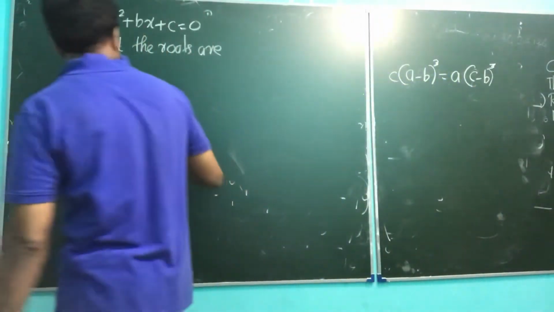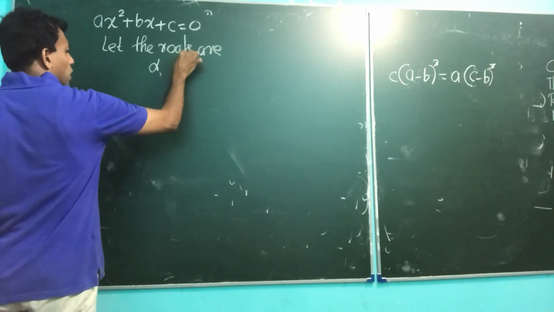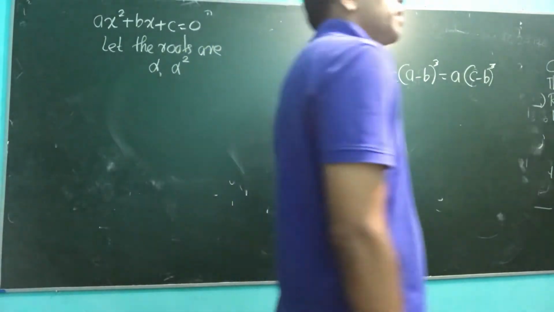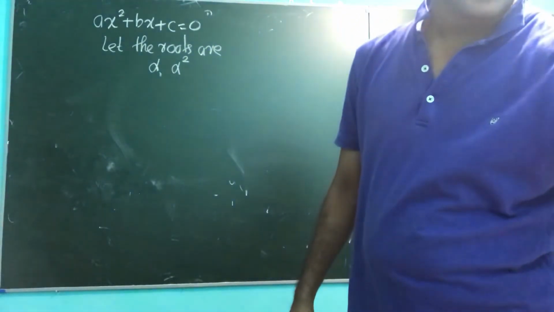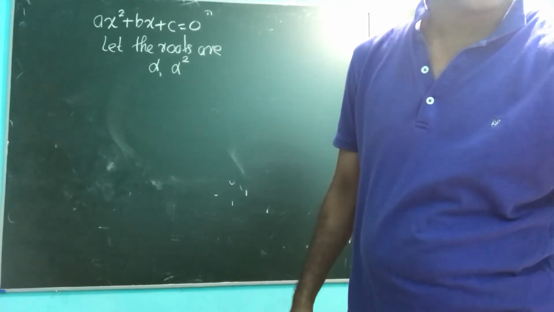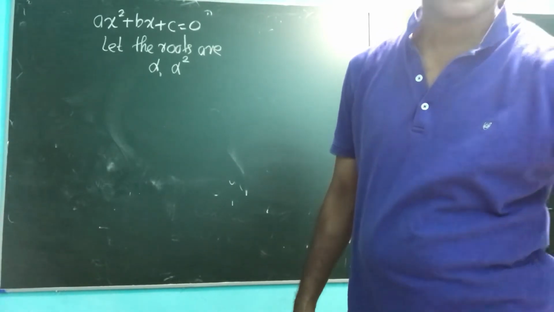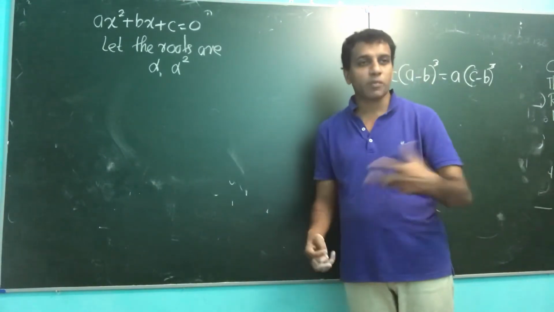So if I say one root is alpha, the other root is alpha square, no need for beta, right? So build up the equation and try to find the alpha. You will remove that from the problem.